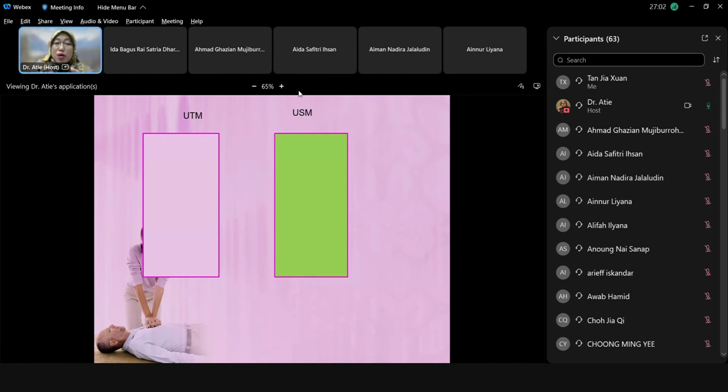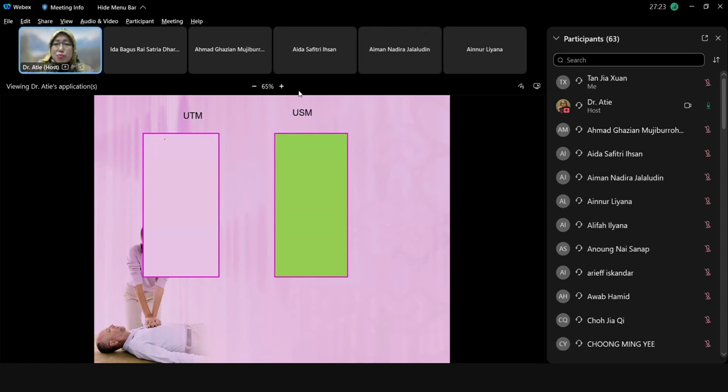I would like to compare their marks, so I take some students from UTM who are taking that subject, and also USM students who are taking that subject.